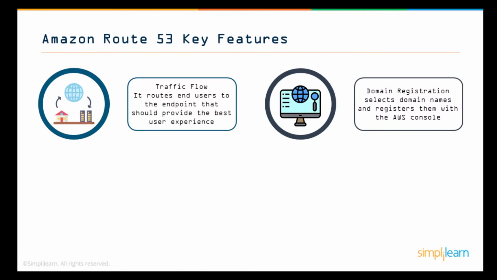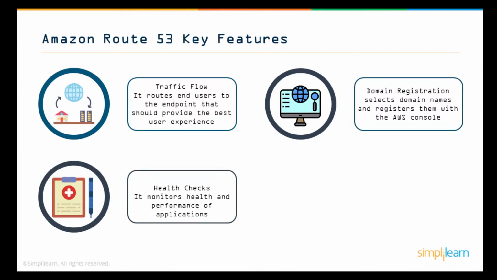Domain registration: select domain names and register them with the AWS console. We can pick a domain and purchase it from Route 53 as well. Health checks: it monitors the health and performance of the application.